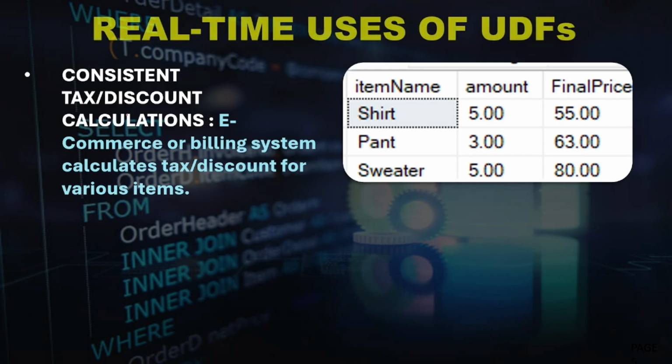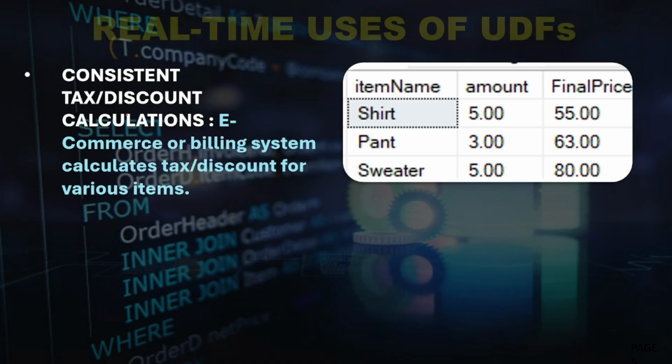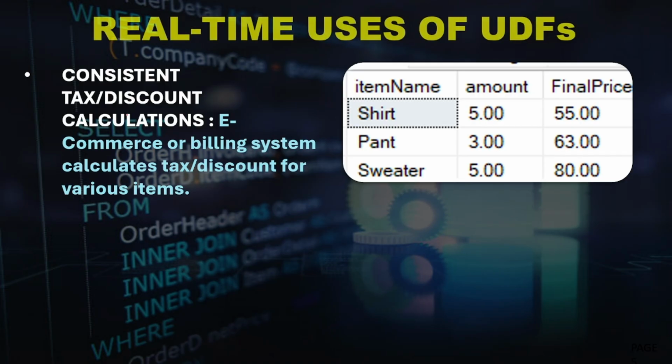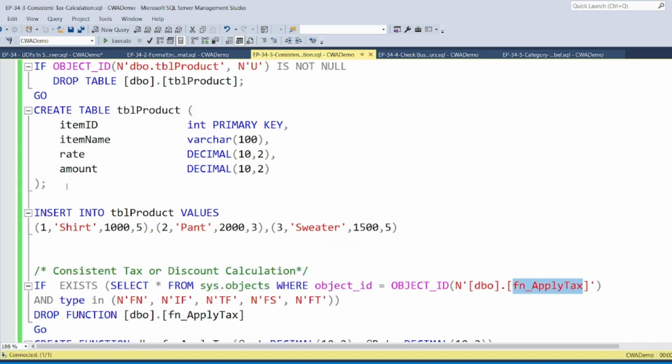The next real-time use is consistent tax discount. We have some business logic for consistent tax discount for many orders, or let's say purchases. That business logic can be written in a user-defined function and utilized. This is a function that we have created, called apply tax, for which we will create one table.